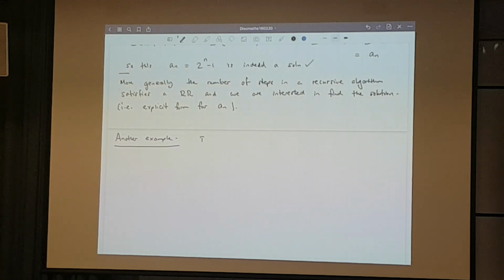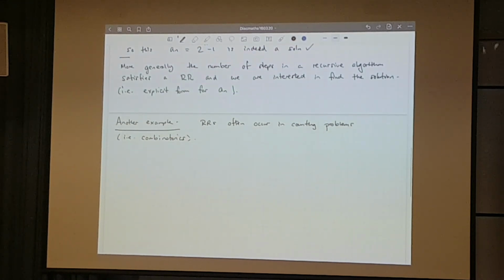Combinatorics is the fancy way of saying counting problems. So let's look at this example.